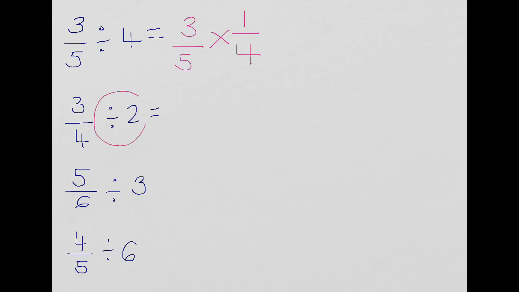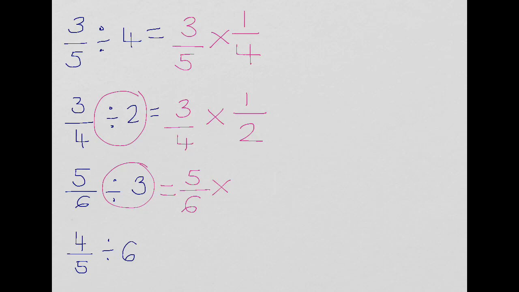Dividing by 2 is the same as multiplying by the reciprocal of 2. Dividing by 3 is the same as multiplying by the reciprocal of 3.